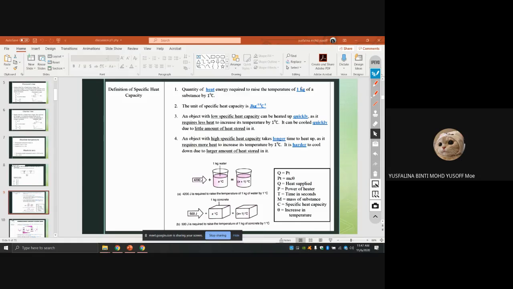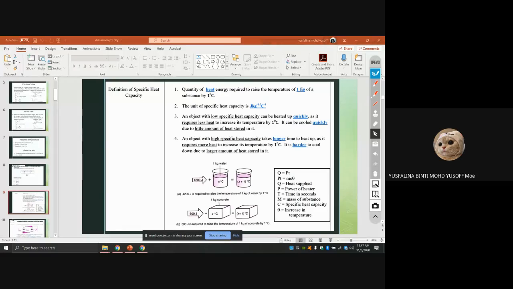So, low specific heat capacity and high specific heat capacity. How do you differentiate between these two? Usually with low specific heat capacity, the object is easy to heat up. With high specific heat capacity, the object usually takes time to heat up.